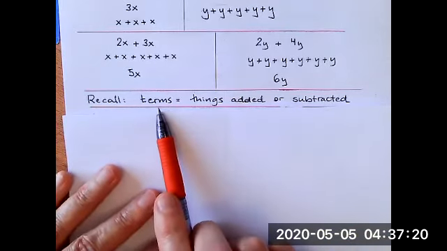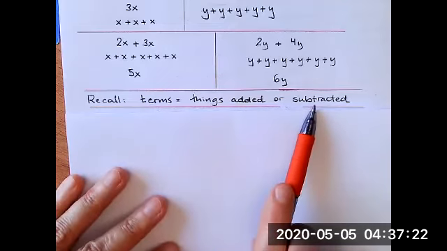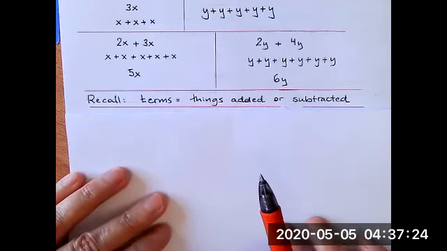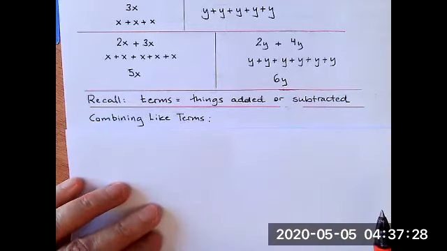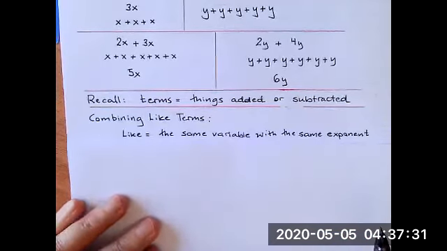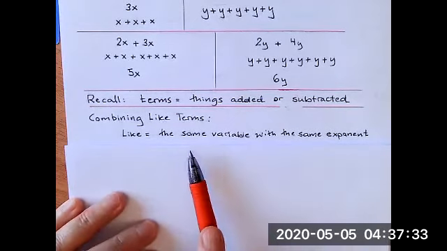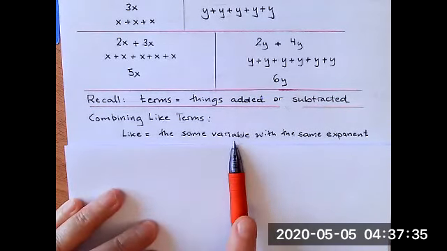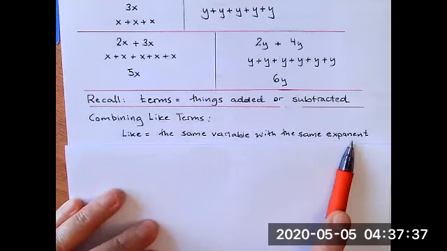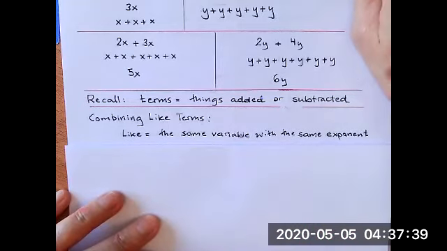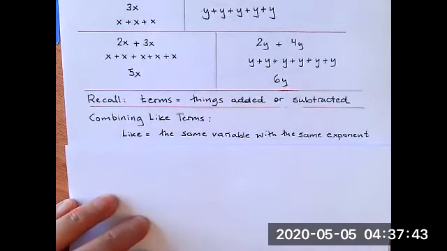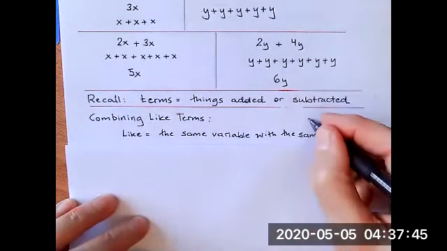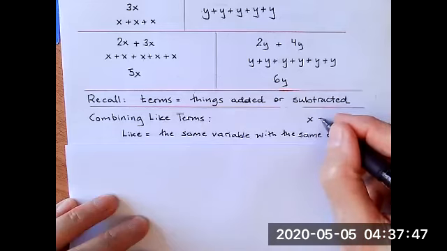All right, terms are things that are added or subtracted. So what we're going to learn next is combining like terms. Like, in this context, means the same variable with the same exponent. And you might be thinking there is no exponent, but when you have a variable by itself, they don't write the exponent.